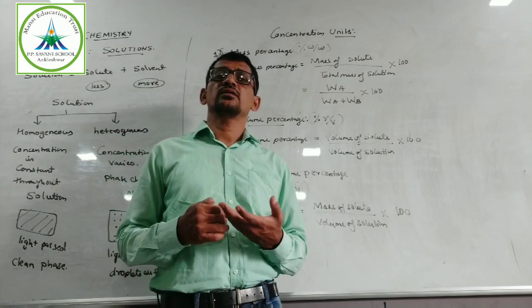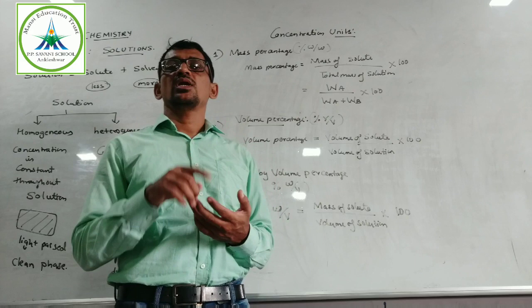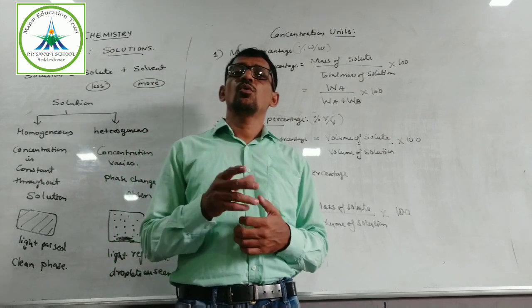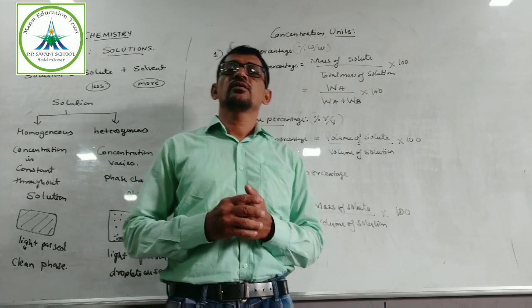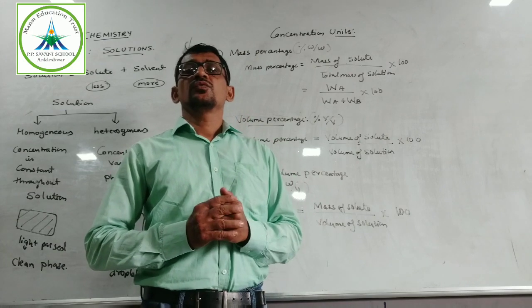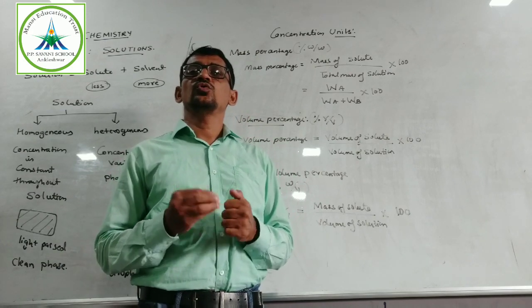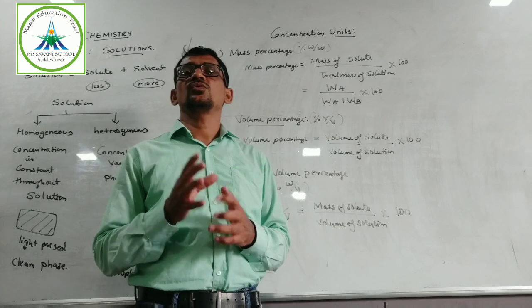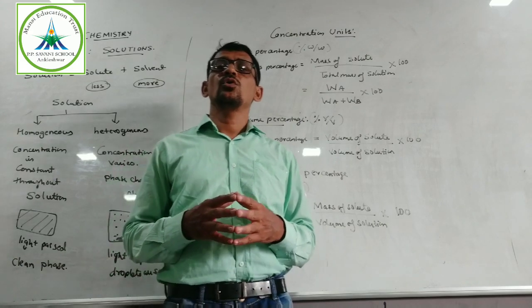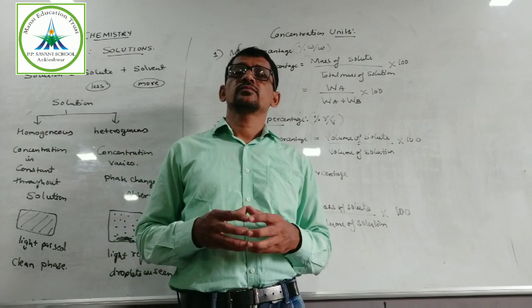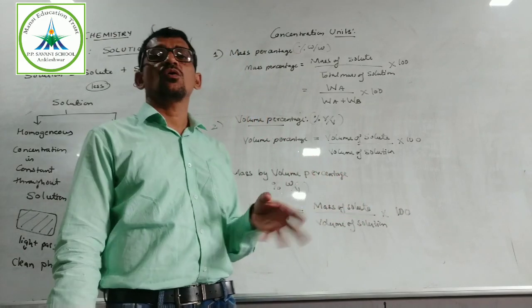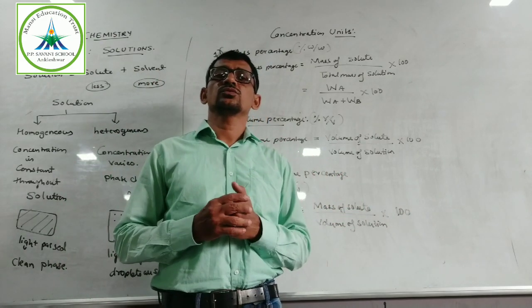Mole per liter. So normality N is equal to moles, weight upon molecular weight, per liter of solution. Normality is equal to what? Mole per liter. Similarly, molarity is also mole per liter of solution.